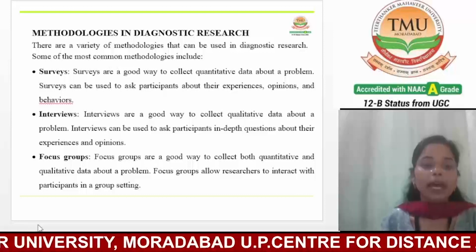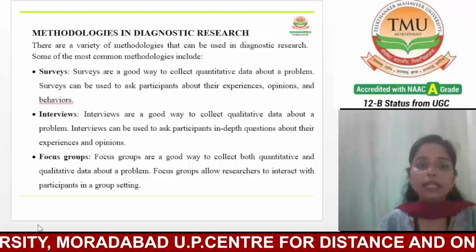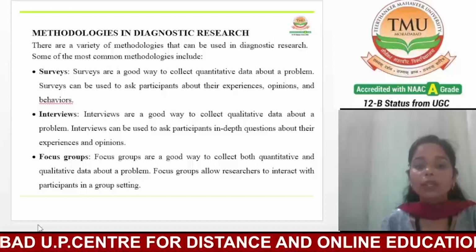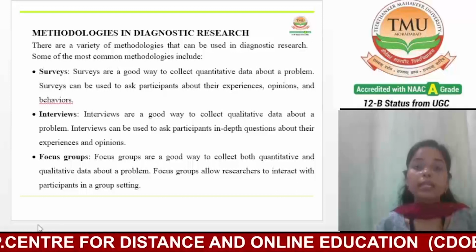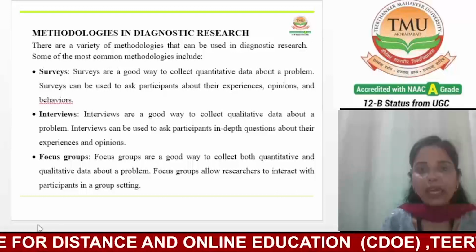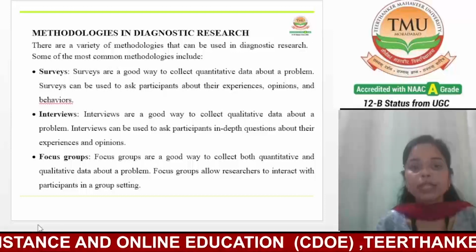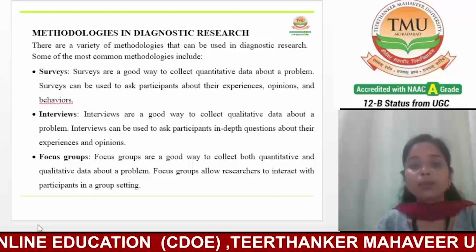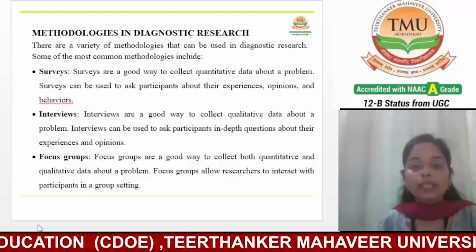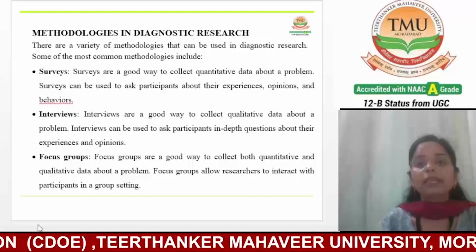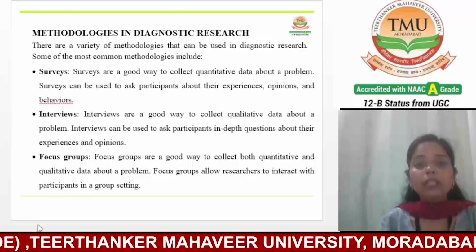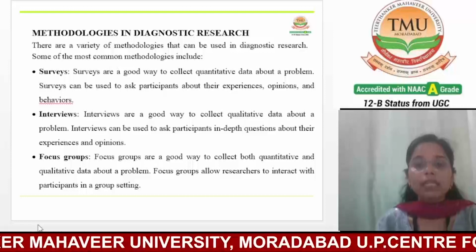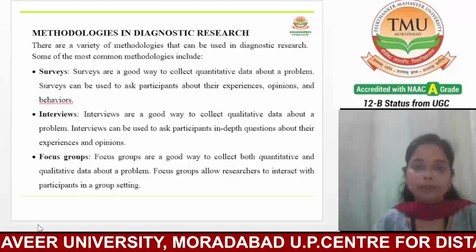Focus groups help researchers to understand how people think and feel about the topic in a more interactive way. In very simple terms, focus groups are a good way to collect both qualitative and quantitative data about the specific problem. Focus groups allow the researcher to interact with participants in a group setting.